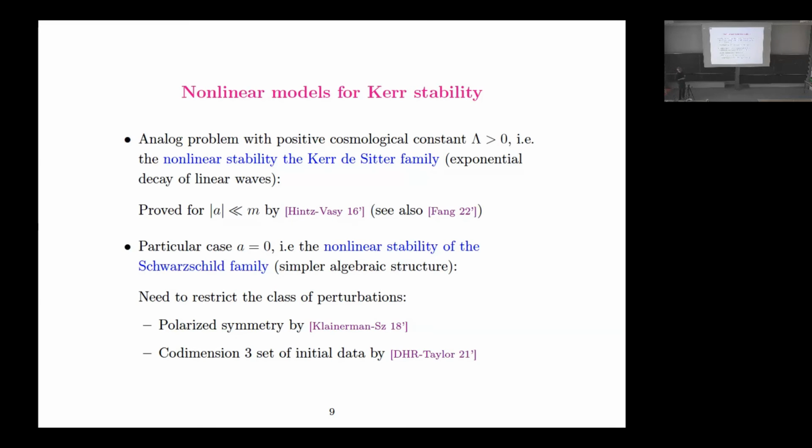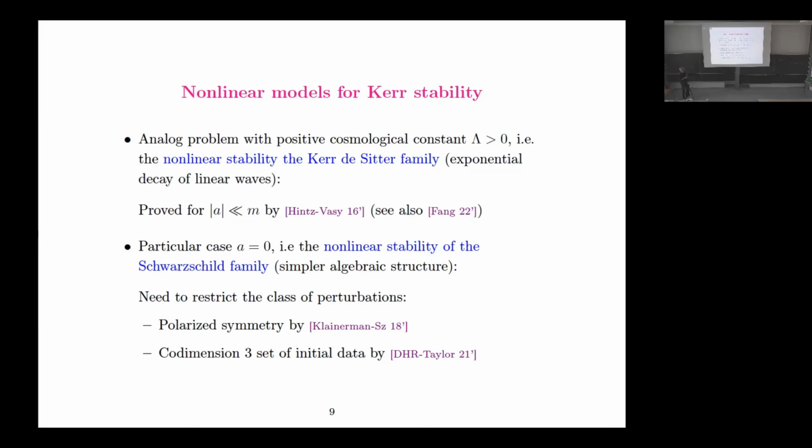This was also presented by Sergio. The road we chose with Sergio is to look at a symmetry class which is preserved by the flow and excludes Kerr. This symmetry is called polarized. We cannot get into what it is, it's not too important, but this allowed us to prove nonlinear stability of Schwarzschild. For us, this result was important first of all because it gave us a blueprint to approach the true conjecture, which is the stability of Kerr.